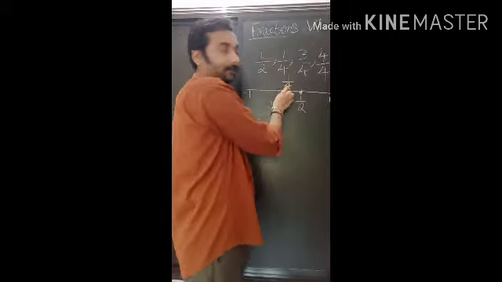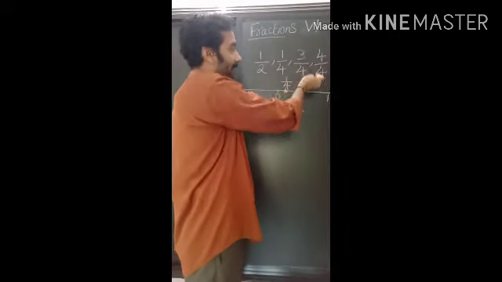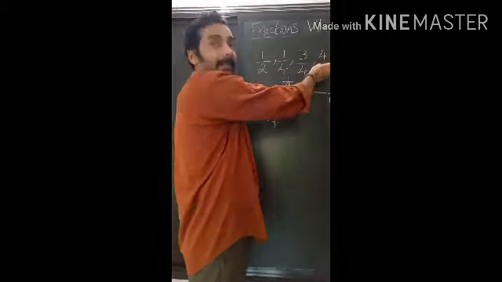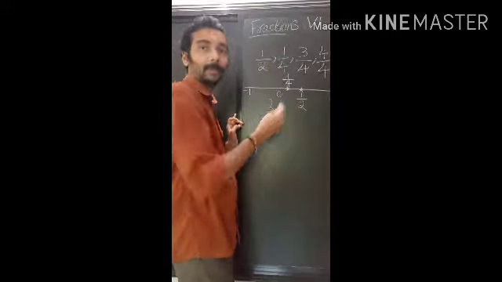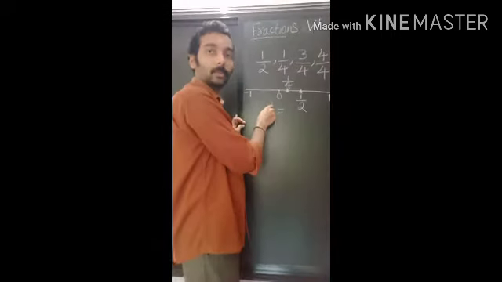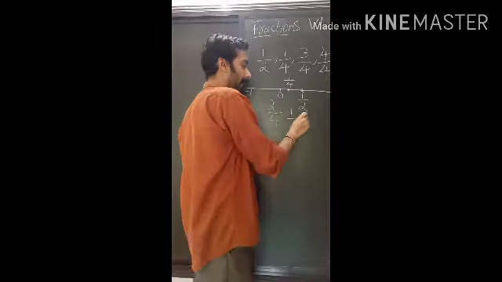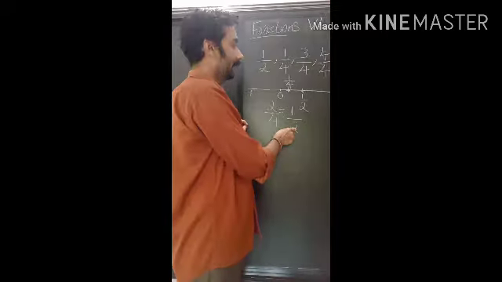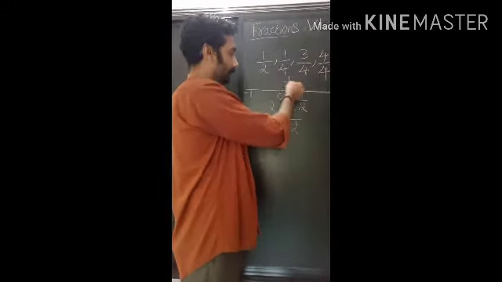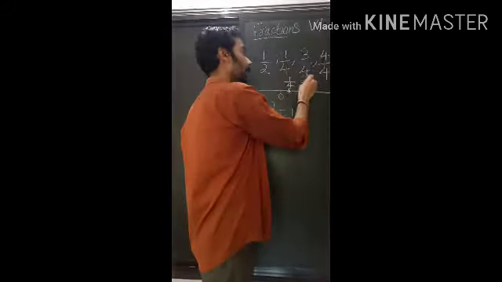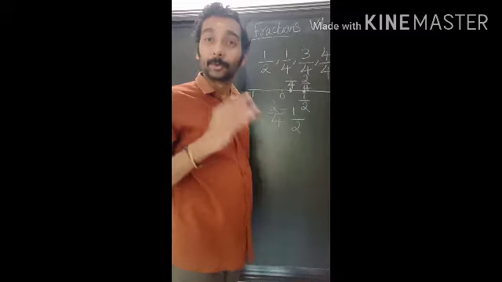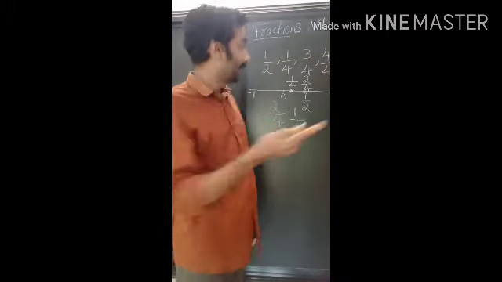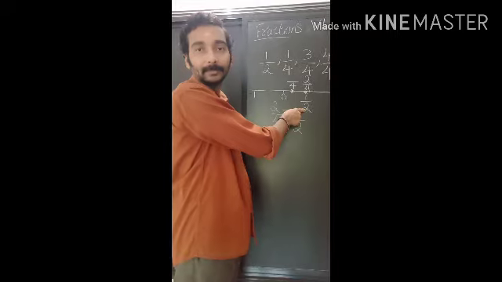Then next is 3 by 4, and the next number is 4 by 4, which is 1. 2 by 4 is converted into the lowest form: 2 and 4 are both divisible by 2, so 2 divided by 2 is 1 and 4 divided by 2 is 2. That is 1 by 2. Okay, clear.